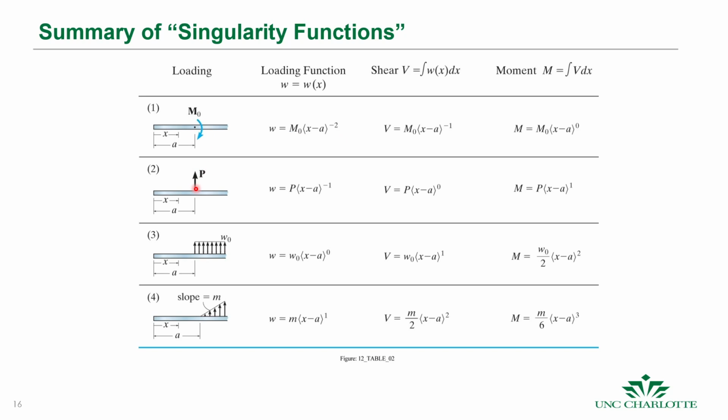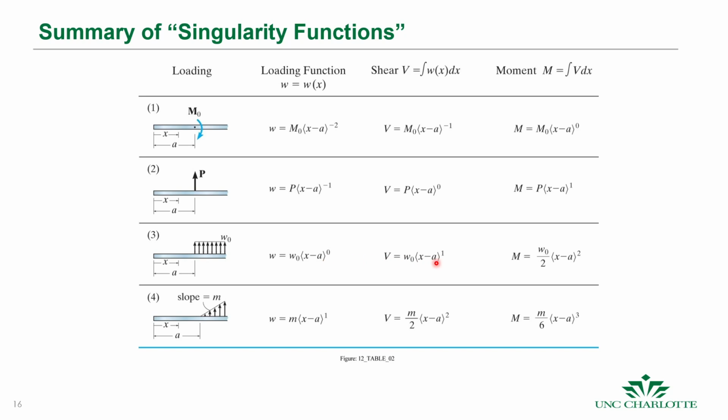Now, if we have a point load, we have to use the corresponding equation for the point load here, which is to the -1 power. Then we can integrate that, and we get the 0 power, and then we can integrate it again, and we have these same equations. We just have to get these brackets and these exponents right. If we have a distributed load, we use the distributed loading function.